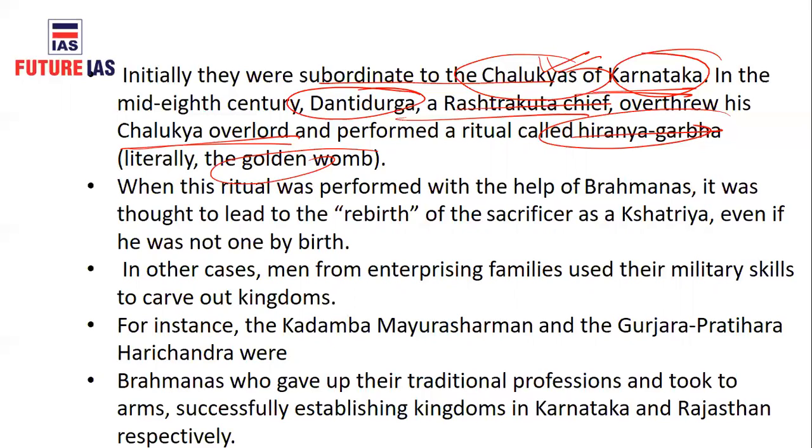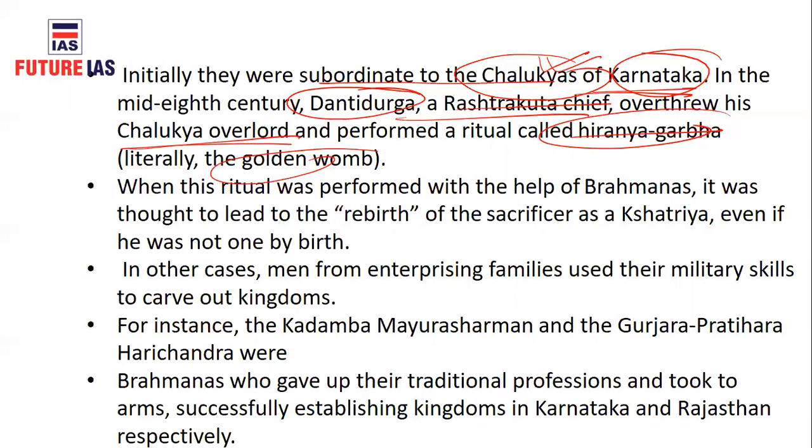And you must also understand, in other cases, men from enterprising families used their families' military skills to carve out their kingdoms, right? One such example is the Kadamba Mayurasharma and the Gurjara Pratihara Harichandra. They were Brahmanas who gave up their traditional profession of priest and started taking up arms and successfully established their kingdoms, in Karnataka and Rajasthan respectively.